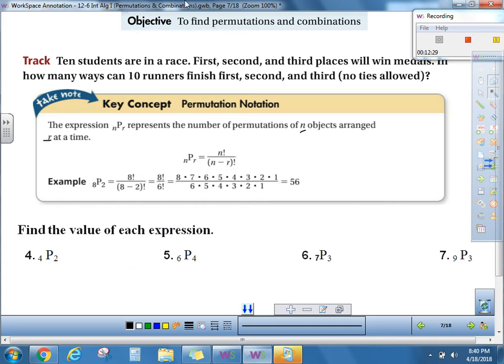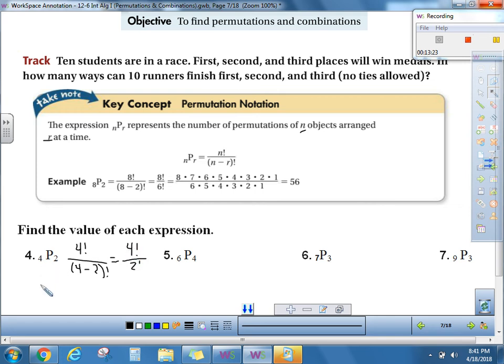Okay, so if we're trying this, we have a permutation of 4 objects arranged 2 at a time. So this is going to look like 4 factorial divided by 4 minus 2 factorial. Okay, and then we just simplify each step at a time, and there's a couple things that you can do to kind of make this a little easier on yourself. So 4 minus 2 is just 2 factorial.